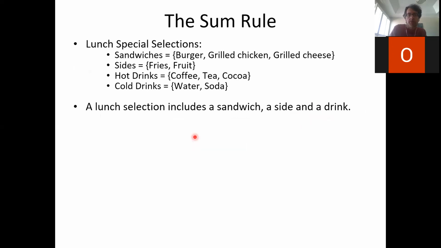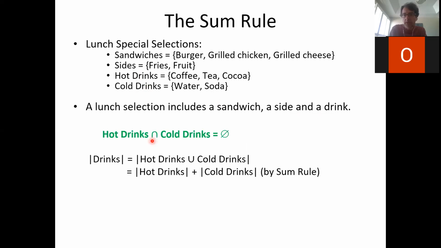So for example, let's say we modify our lunch example, and now a lunch selection is as before, sandwich, side, and drink, but a drink now can be one of hot drinks or cold drinks. The basic thing to observe is that hot drinks and cold drinks are non-intersecting.